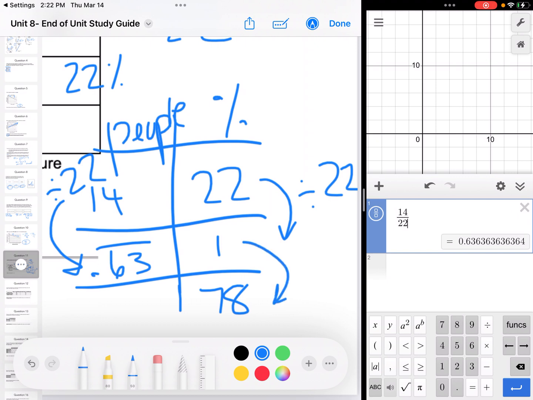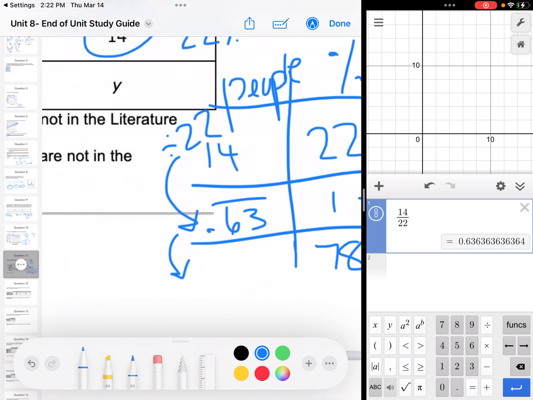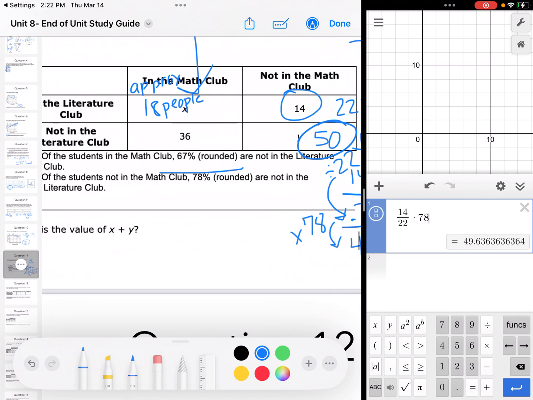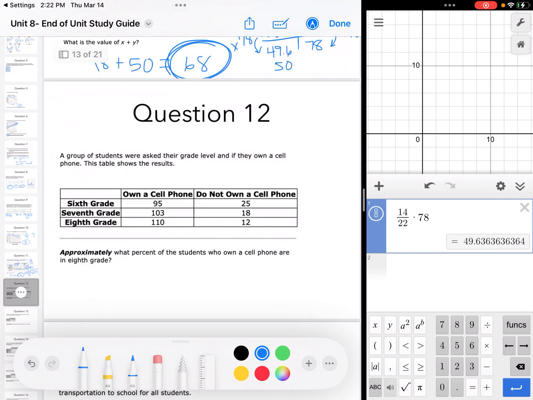Then I'm going to multiply by 78. So that's 49.6, so about 50 people. So 18 plus 50 is 68. Would be my final answer.